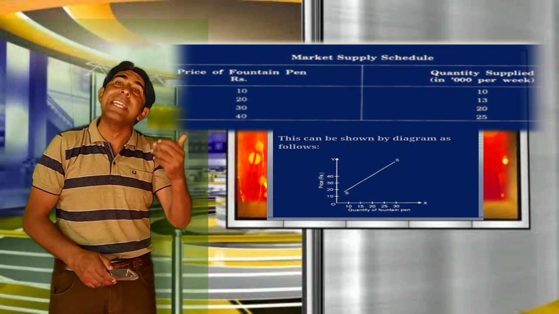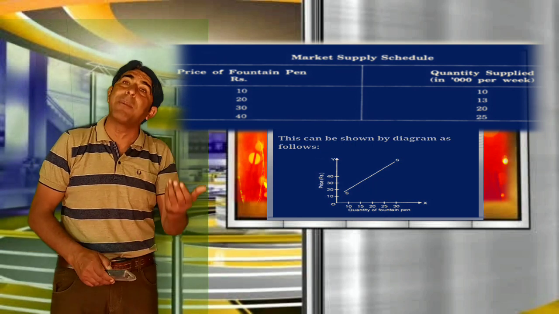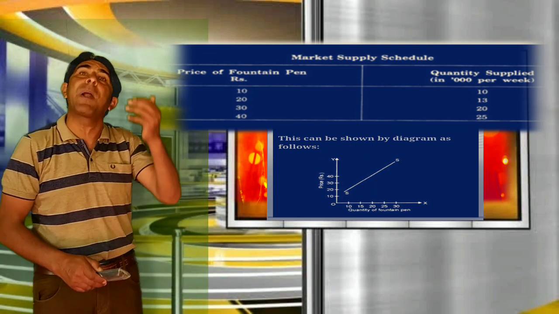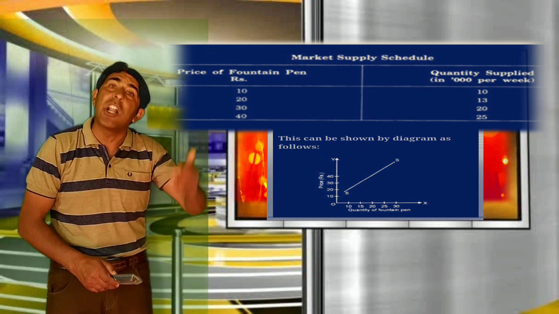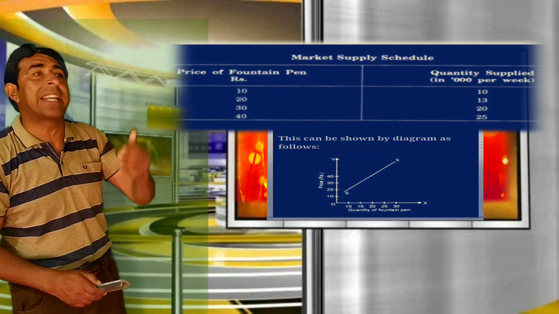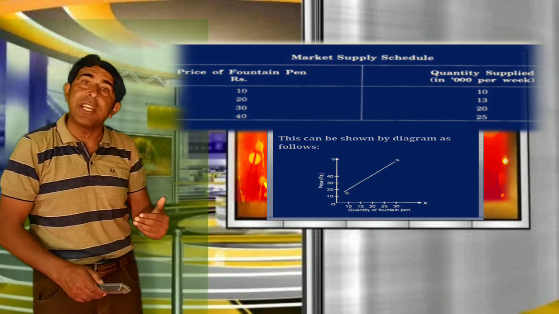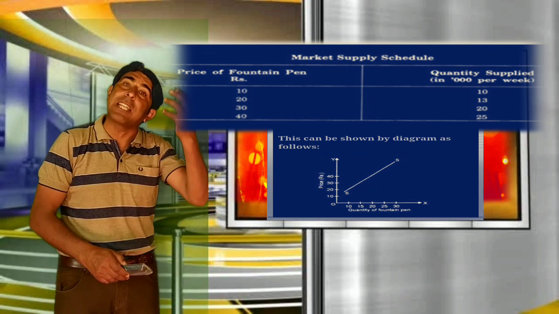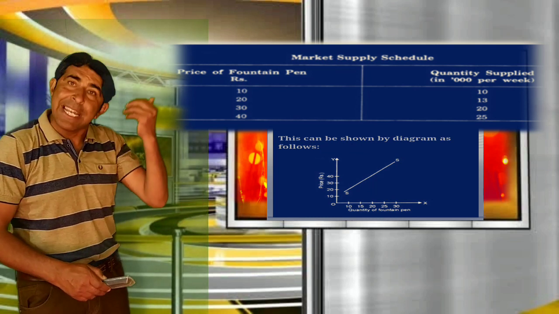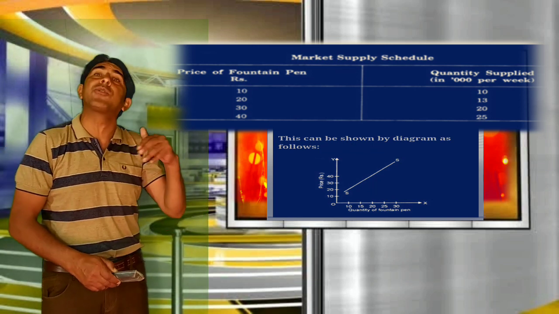When price again increases from 30 to 40 per unit, quantity supplied of the fountain pen increases from 20 units to 25 units. This shows that as the price goes on increasing from 10 to 20, 20 to 30, 30 to 40, in the same manner, quantity supplied of the fountain pen increases from 10 to 13, then to 20, then to 25.